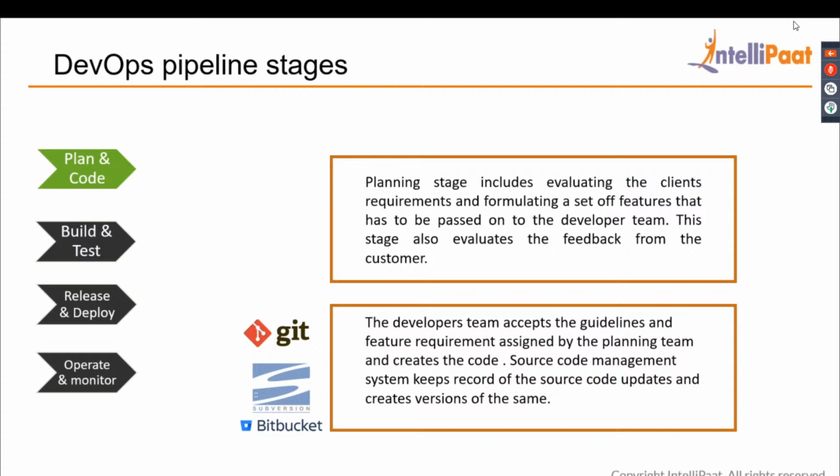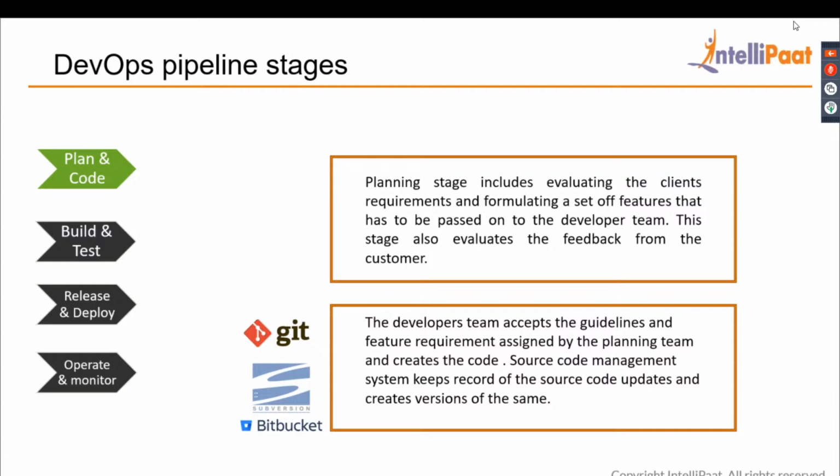In our case, if it is Git, then it can be GitHub, it can be Bitbucket, or it can be Subversion. There are various other repositories as well, whatever your company uses, but Git is quite popular and most commonly used by everyone. So the code is pushed into the GitHub repository once the code review is done.